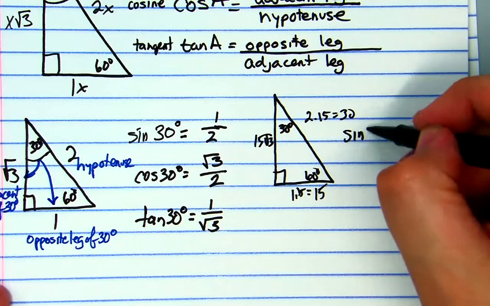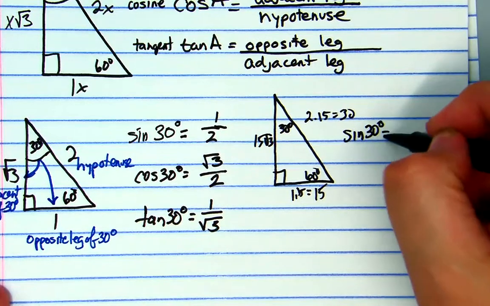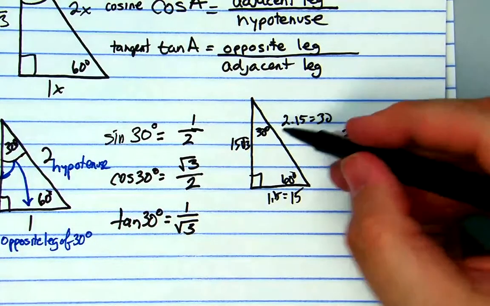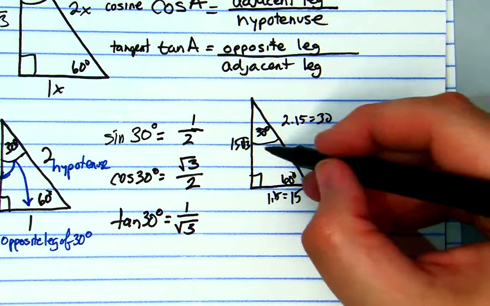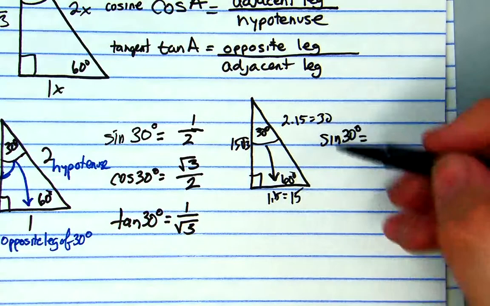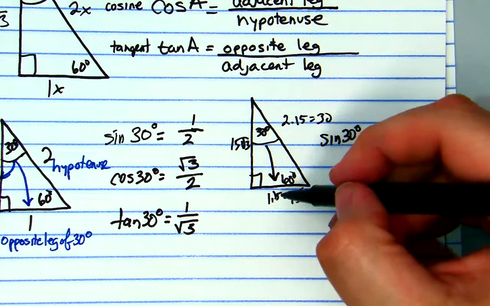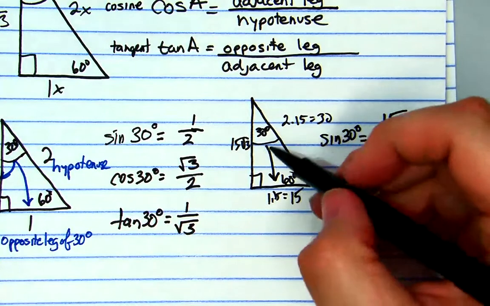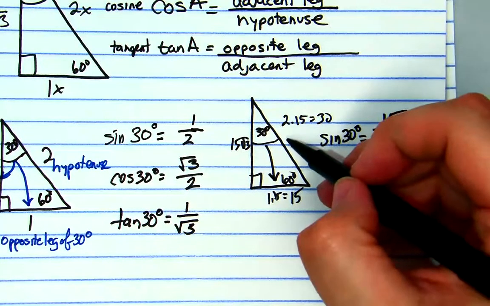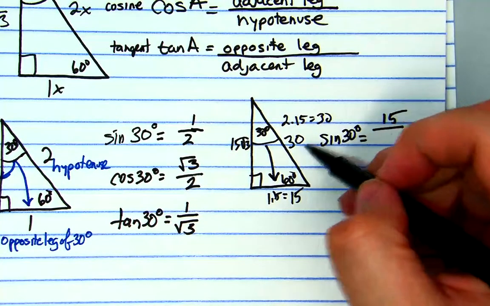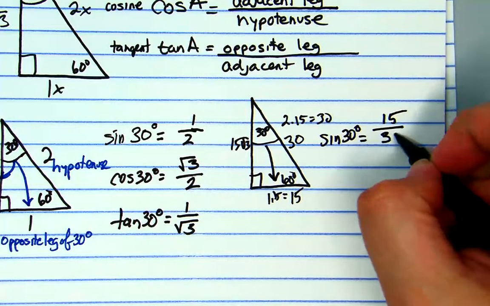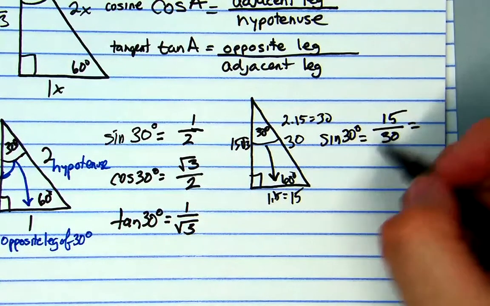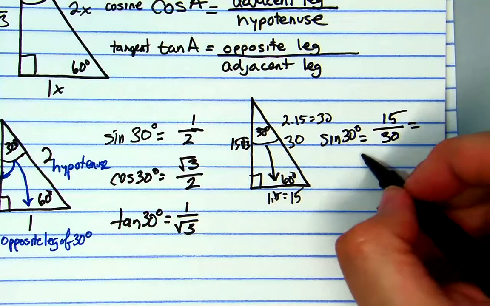So my sine of 30 degrees is now going to be the opposite side. So I have to find the opposite side. It's the farthest leg away from 30 degrees. That's my 15. And I'm going to put it over the hypotenuse, which we figured out was 30, so it's 15 over 30. I'll write it down here.